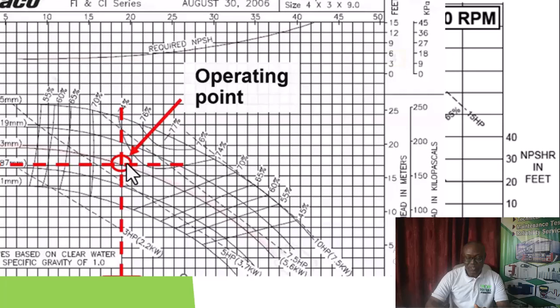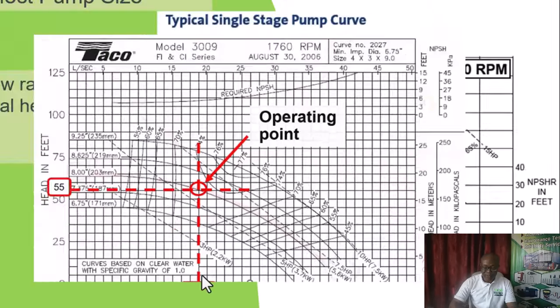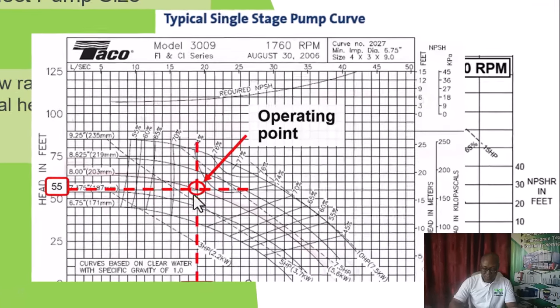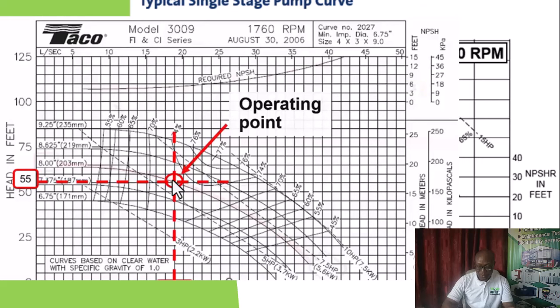Okay, so the operating point is the intersection between the head and the flow rate, as we can see. So here the head is assumed to be 5.5, and then this is the flow rate extrapolated up. So this is the intersection. You see that the closest pump, the next higher rating, is this 7.5 horsepower pump.